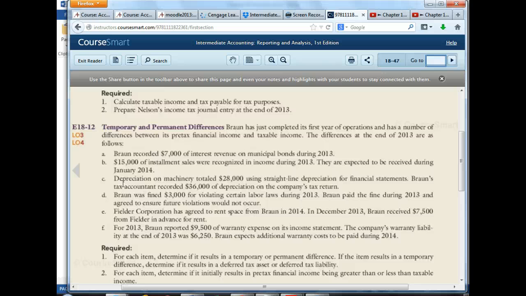And what would this be? It would be a deferred tax liability, because we are showing income for taxes less than what we're going to be showing income on our books.